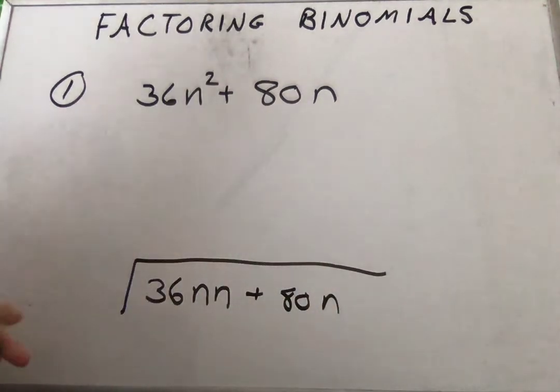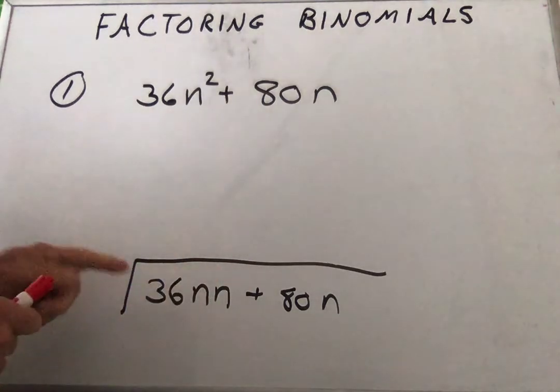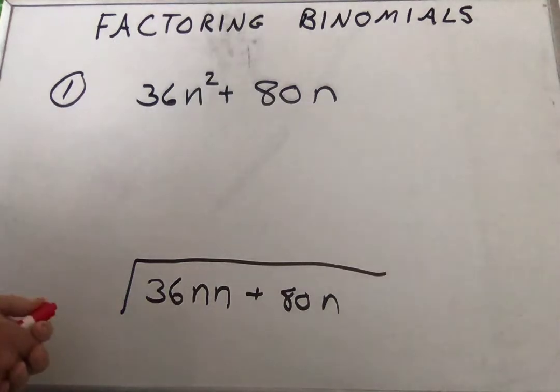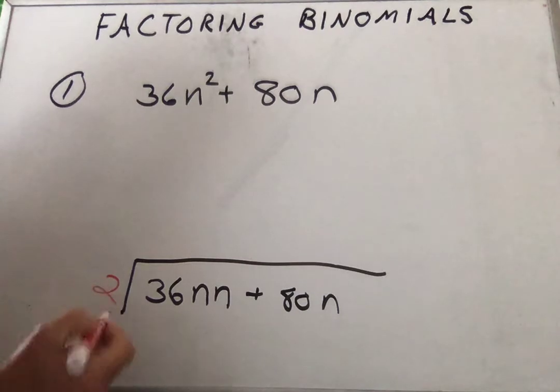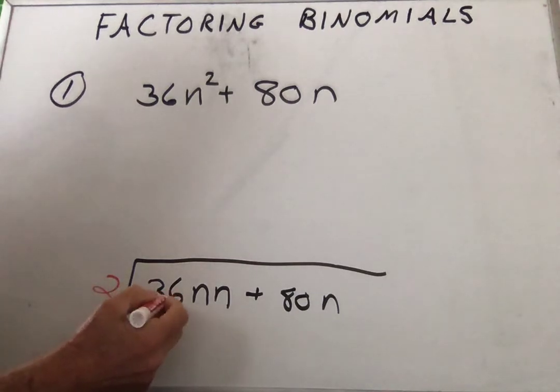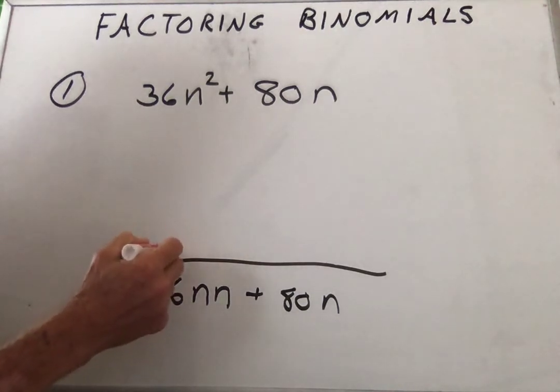Okay, now if you remember yesterday, when we do this, we deal with the numbers first. So you think of anything at all that goes into both 36 and 80. Just like yesterday, maybe what you see is 2. So 36 divided by 2.